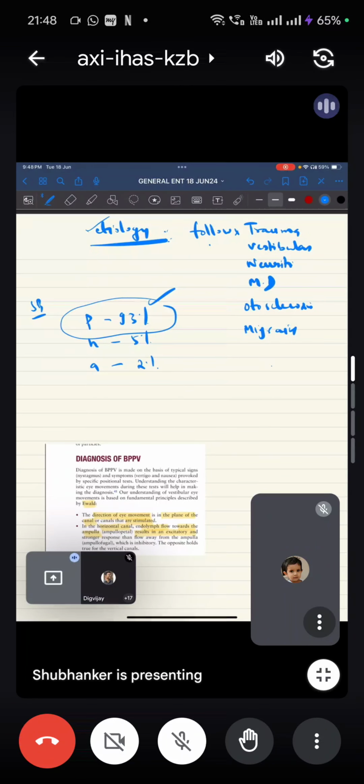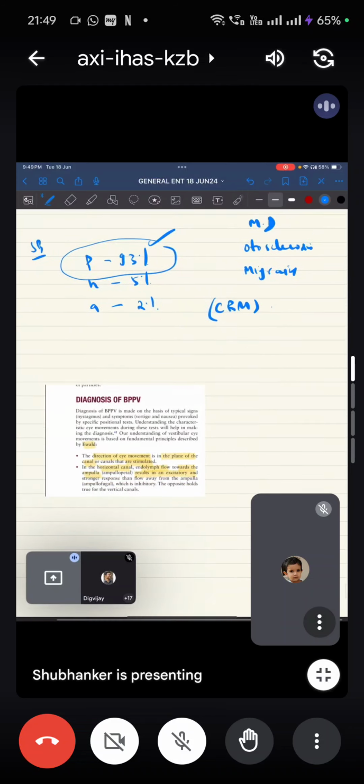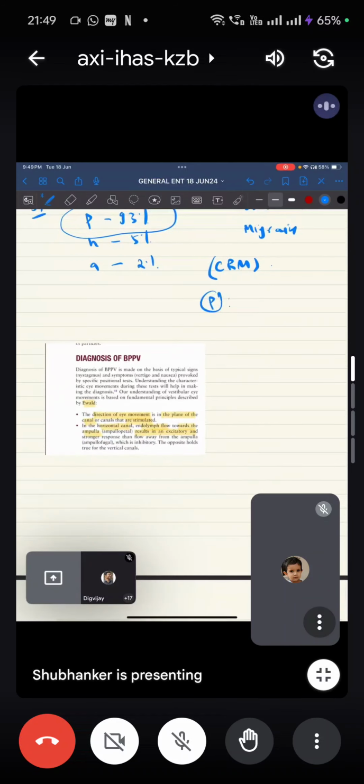Number 3, how to evaluate: clinically Dix-Hallpike, and further ENG and VNG. And the fourth is treatment, the canal repositioning maneuver, CRM. For posterior canal BPPV we will have Epley's, and for Epley's the data Scott Brown mentions is 80% resolution.